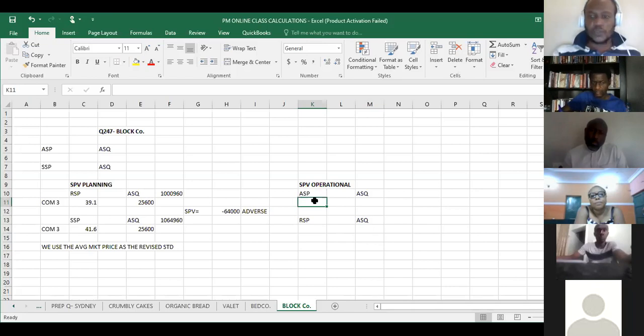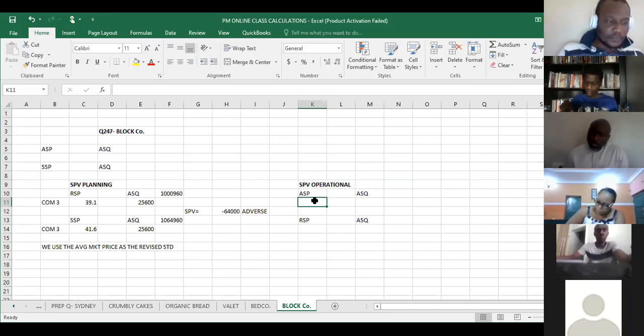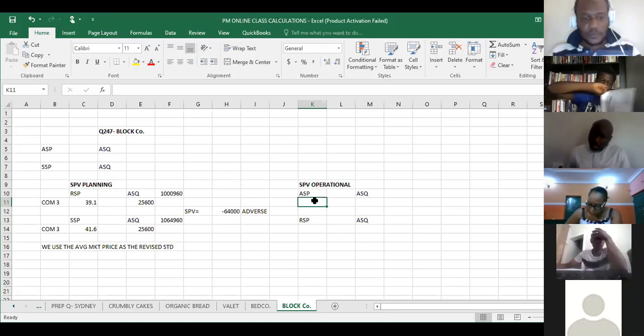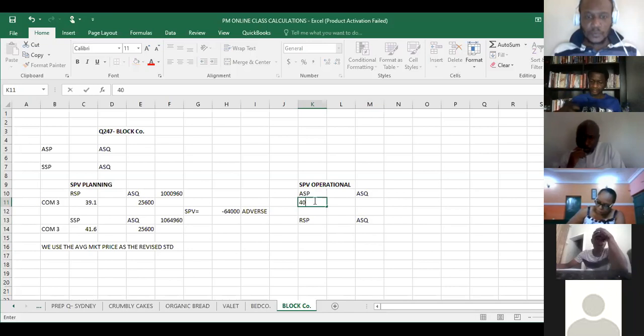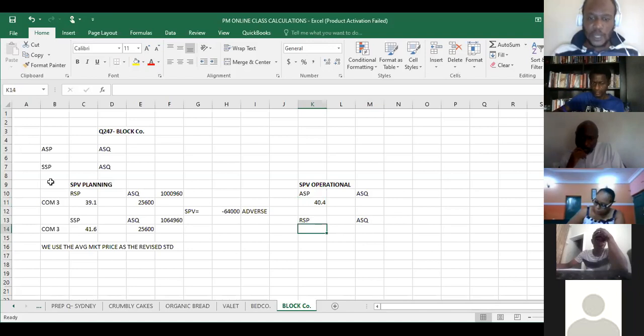So our actual selling price is what? 40.40. And then the rest of it, we already have. So we can just go and pick the revised standard.